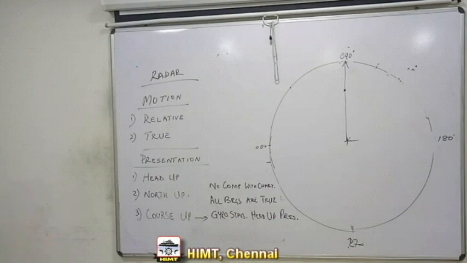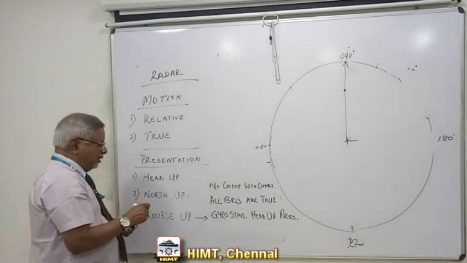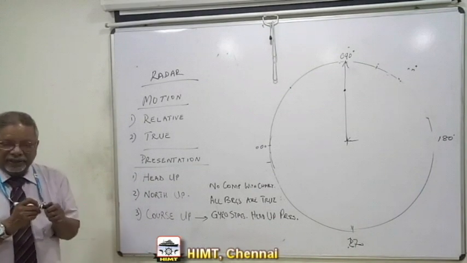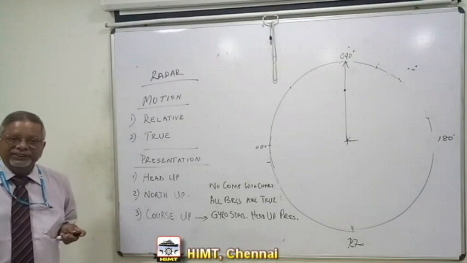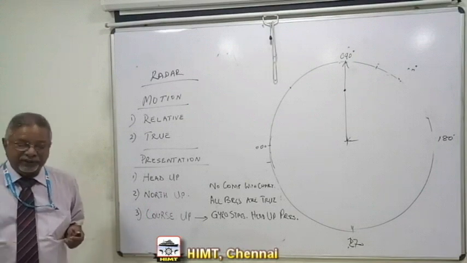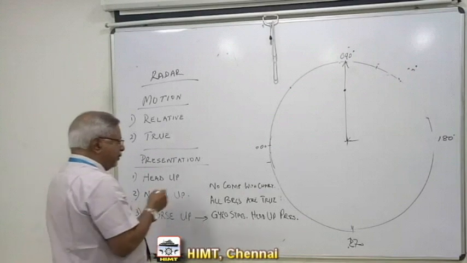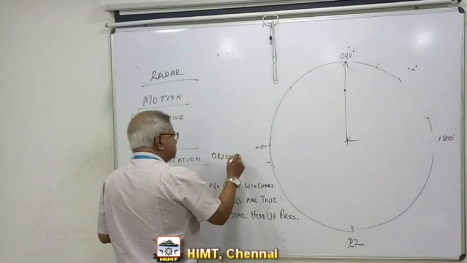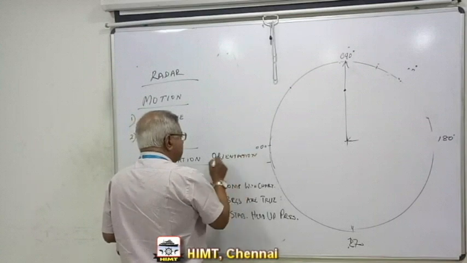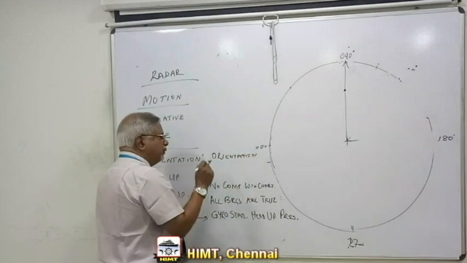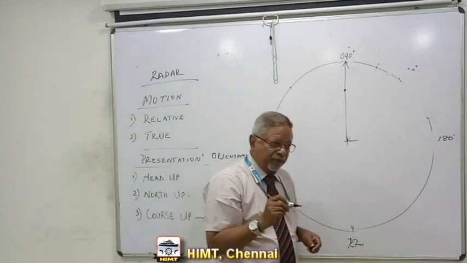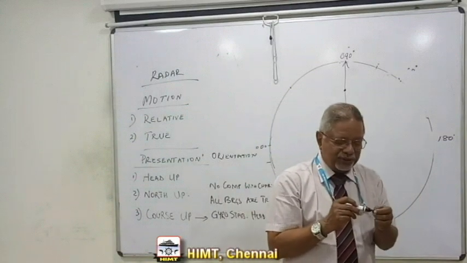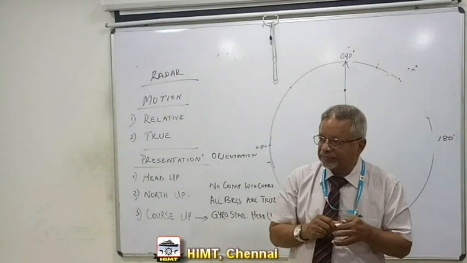Okay, so as far as course-up is concerned, it's nothing but a gyro stabilized head-up presentation where you have orientation. But if the gyro fails, will you be able to use this course-up?